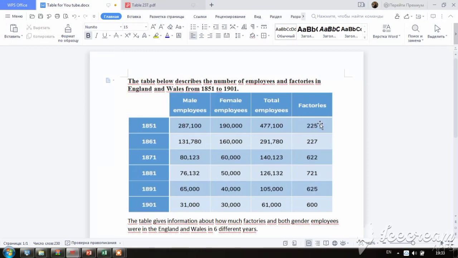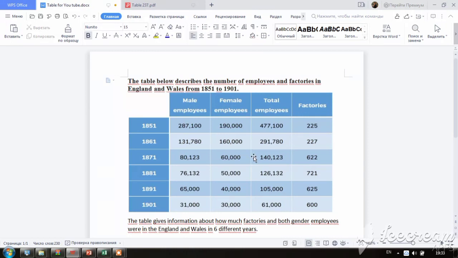You can see much higher numbers and total numbers compared to the others, but factories are much lower. So we should write this data in the first body paragraph. It's also called a detailed paragraph.